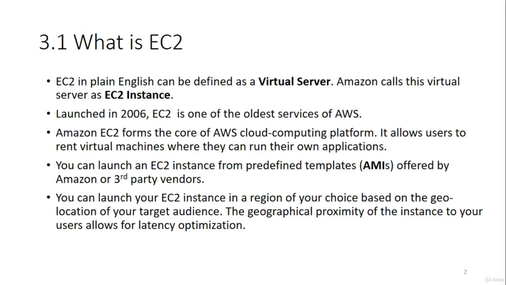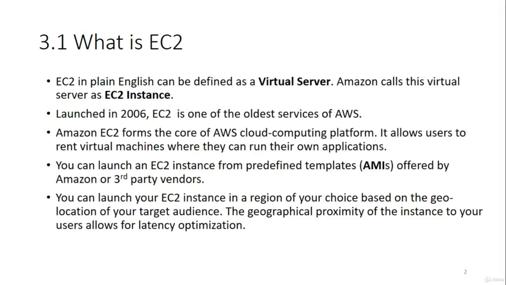It was launched in 2006. So you can say the EC2 service is as old as AWS itself. Amazon EC2 forms the core of the AWS cloud computing platform. It allows users to rent virtual machines where they can run their own applications. You can launch an EC2 instance from predefined templates called AMIs, or Amazon Machine Images, offered by Amazon or third-party vendors.